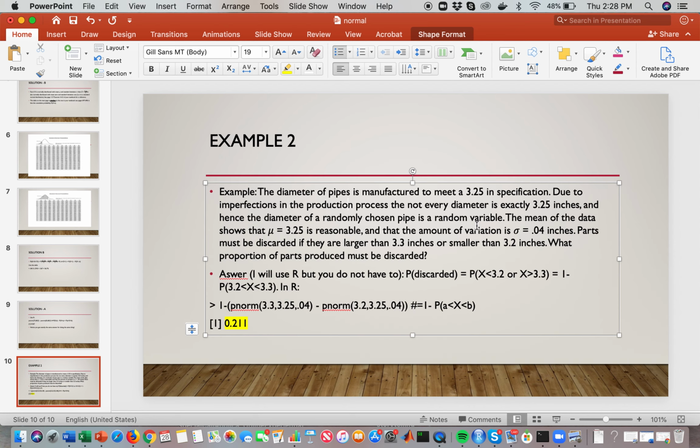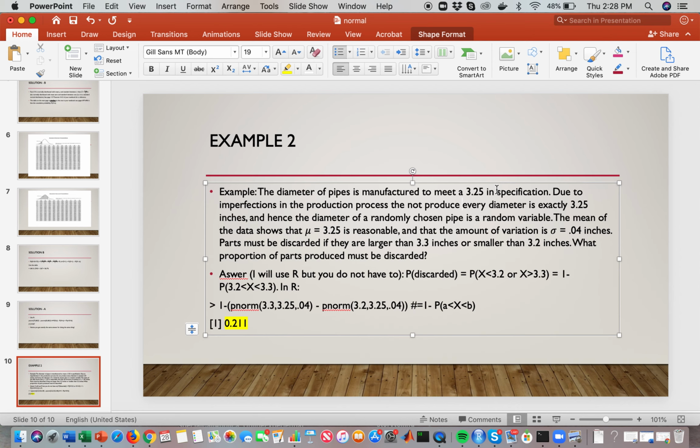The production process does not produce every diameter exactly at 3.25 inches. And hence the diameter of the pipes chosen is a random variable. Okay, no big surprise there. That happens all the time in manufacturing.